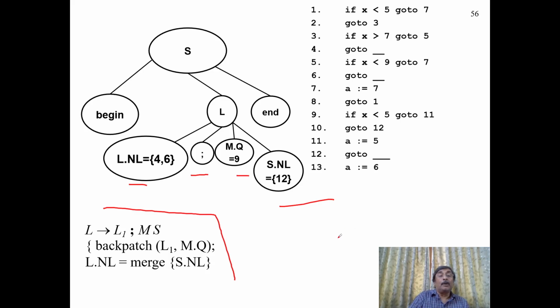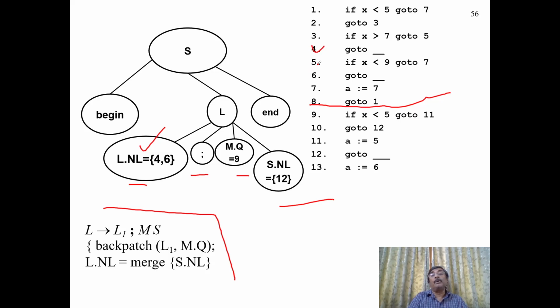So what we do is L1's next. What does that mean? That means this first L stands for basically up to this. Up to this was generated from this L. Now, 4 and 6 contain go-tos whose target is not known. What will be the target? If the while condition is false. If the while condition is false, which are the lines that detect that?